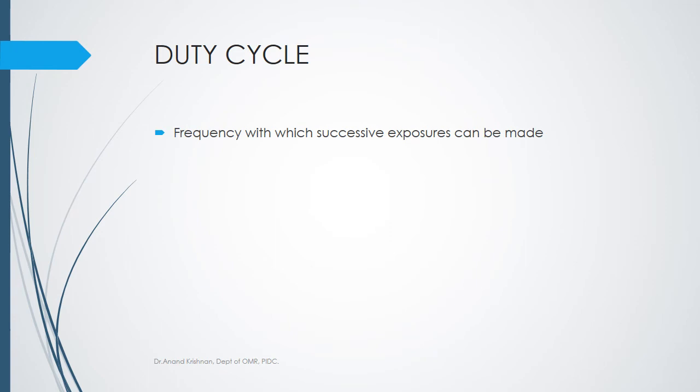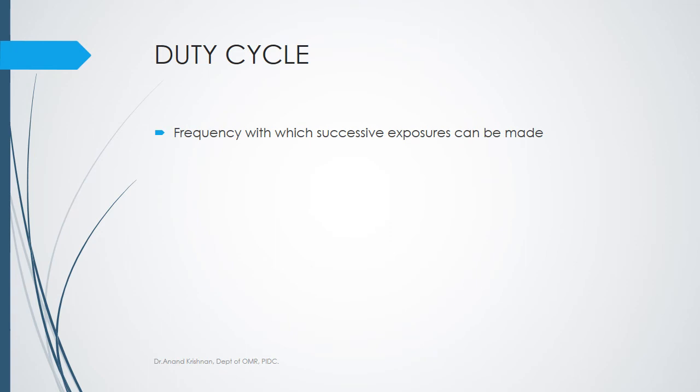It's not like how we record a video or click continuous snaps with our mobile phone. So this exposure in our intraoral machine, especially with the stationary anode, takes a significant amount of time. Manufacturers have come up with a lot of advancements where the duty cycle time has reduced very significantly, but still it does exist.